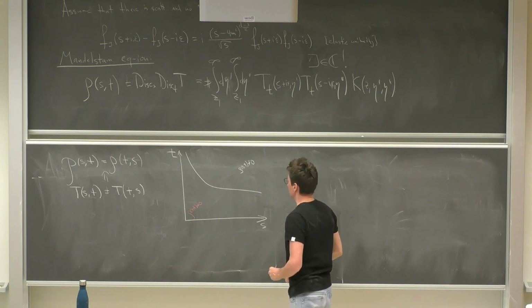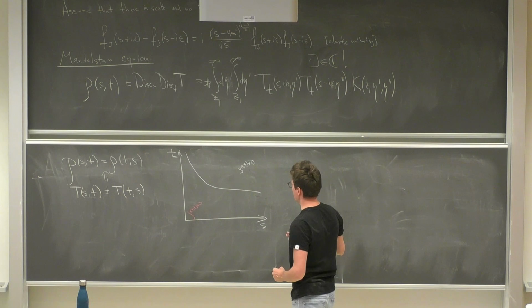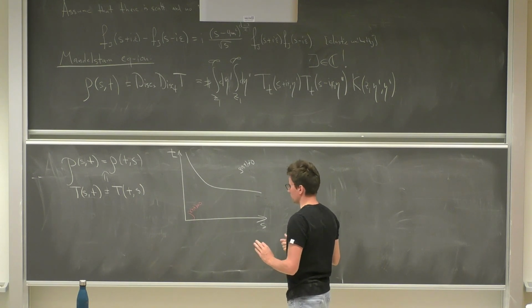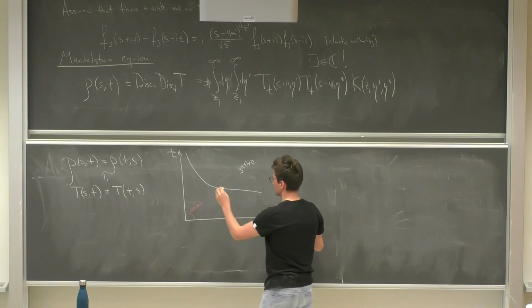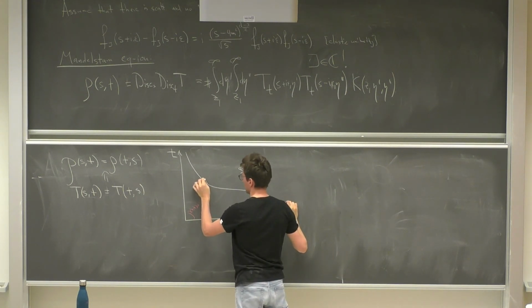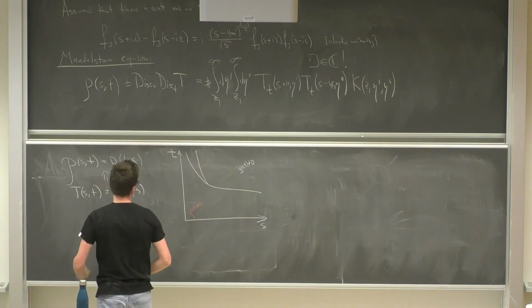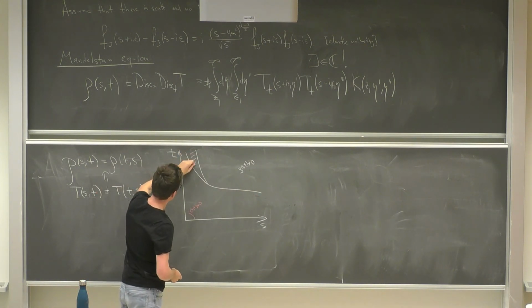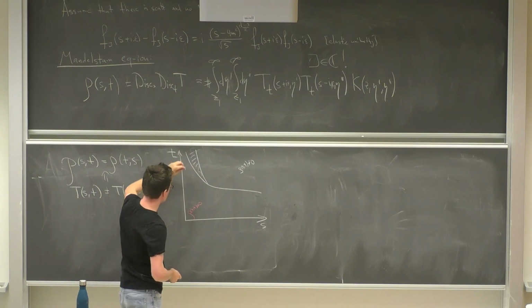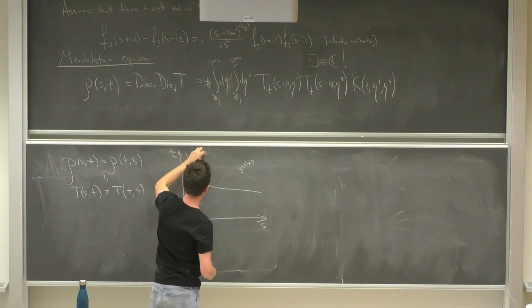And what you find is that we don't know in general, but there is a region, say somewhere here, where you find that if there is scattering, rho is positive.